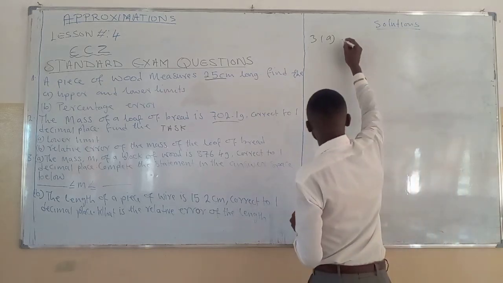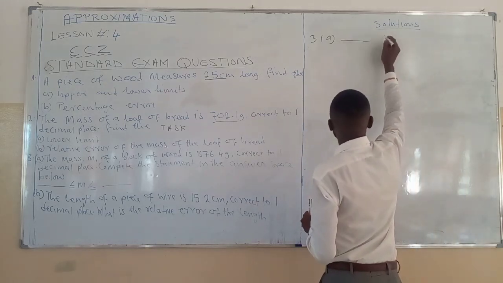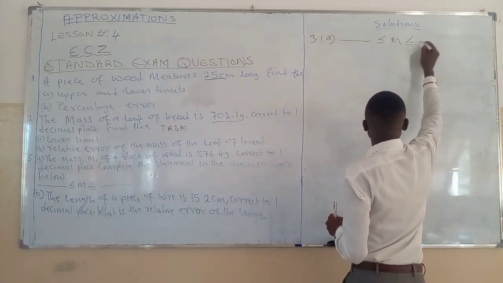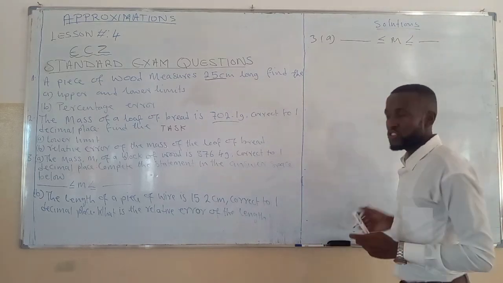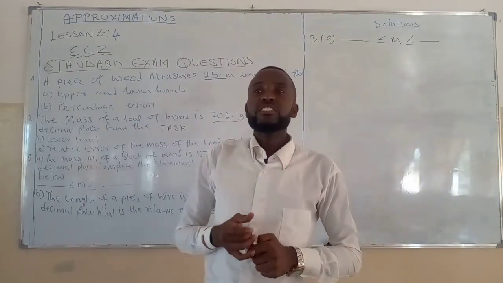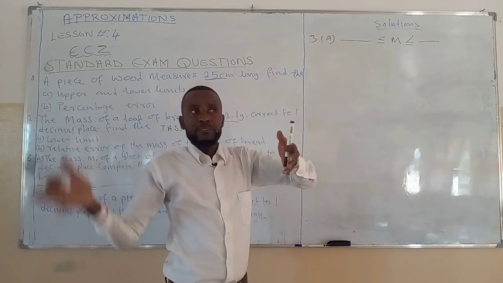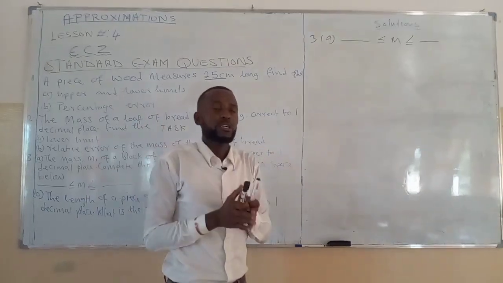When they say a dash is less than or equal to mass, and mass is less than or equal to a dash, this is the range. And remember, the range is found with the lower limit to the upper limit.